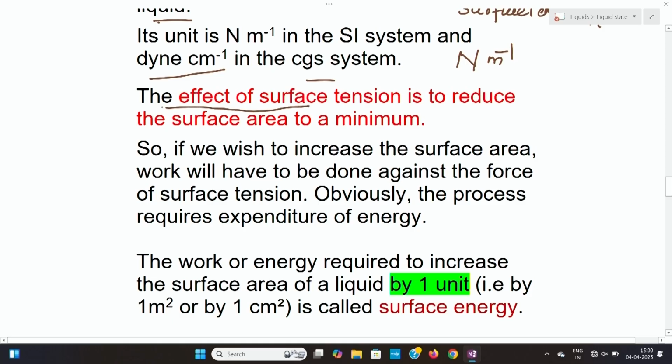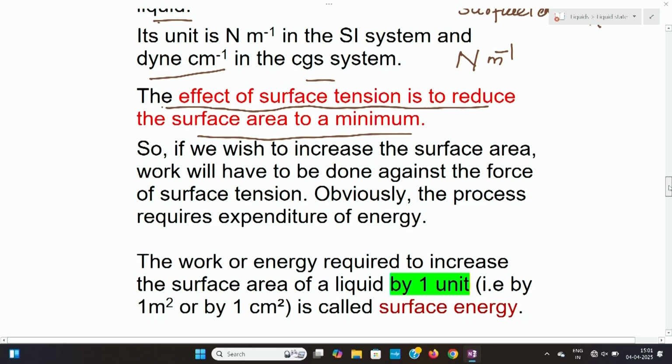The effect of surface tension is to reduce the surface area to a minimum. That is the effect of surface tension. Because of the surface tension, the molecules at the surface will try to reduce the surface area to a minimum.